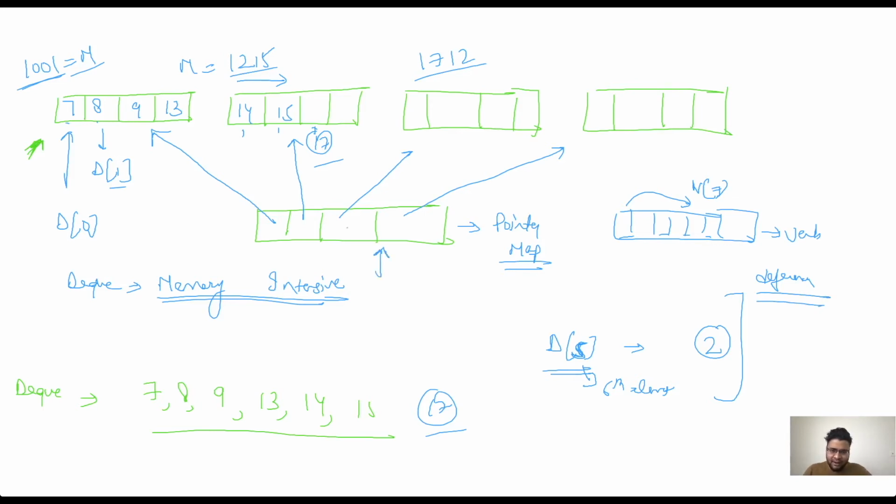From the pointer map I will go to the exact memory location and there I will dereference again. So there are two dereferencings required in order to insert, delete or access an element in a DQ, right?